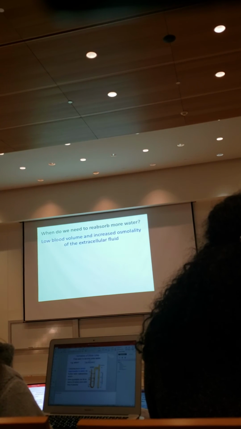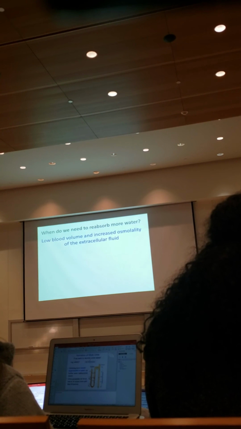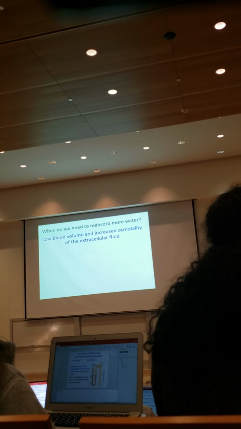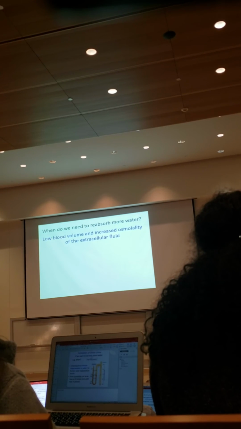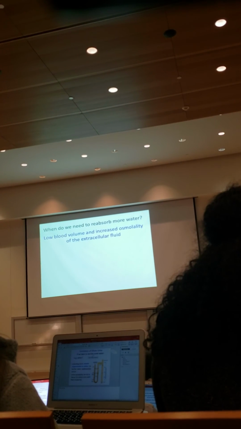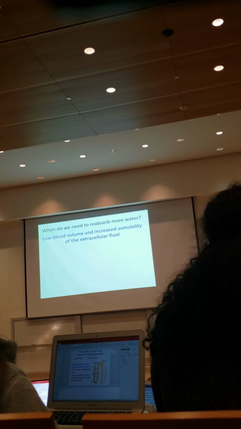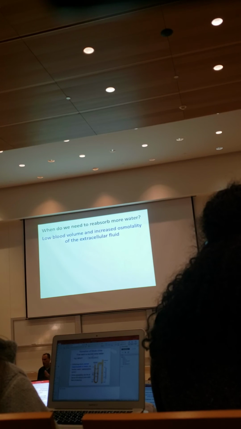So what happens when we need to reabsorb more water? For example, low blood volume, increased osmolarity of the extracellular fluids. Okay? First of all, how do we know about this case that we have just too many solutes? Remember how we call those receptors? Osmoreceptors, where are they located?